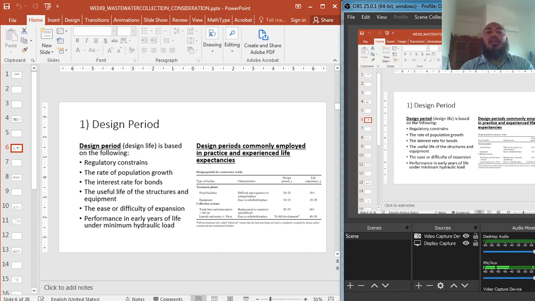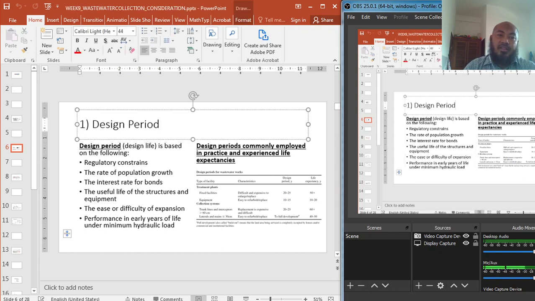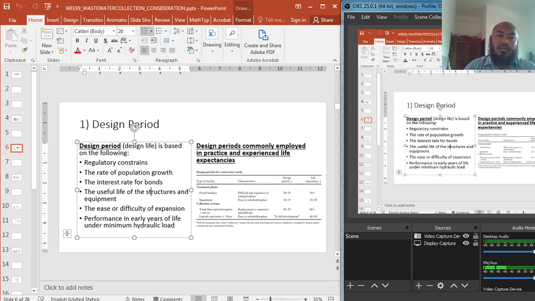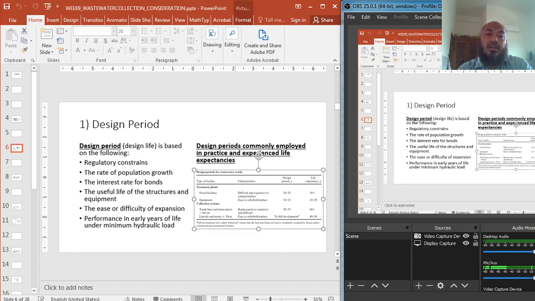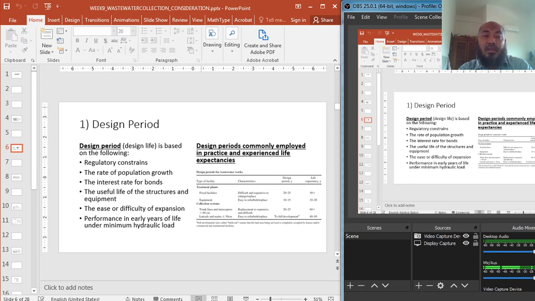We consider several parameters, for example regulation constraint, rate of population growth, interest rate for bonds if we borrow money from another agency, the useful life of the structure and equipment, the ease or difficulty of expansion, and performance in early years under minimum hydraulic load, etc. These are the criteria we have to consider when we select the design period.